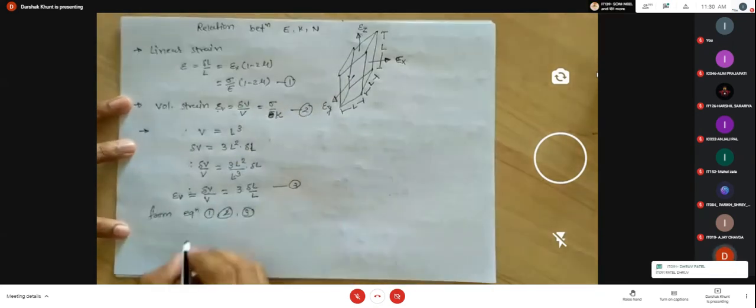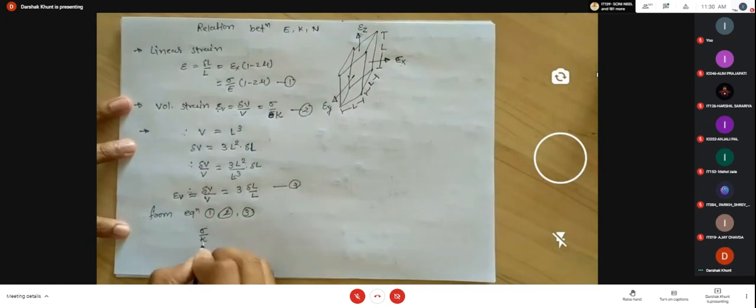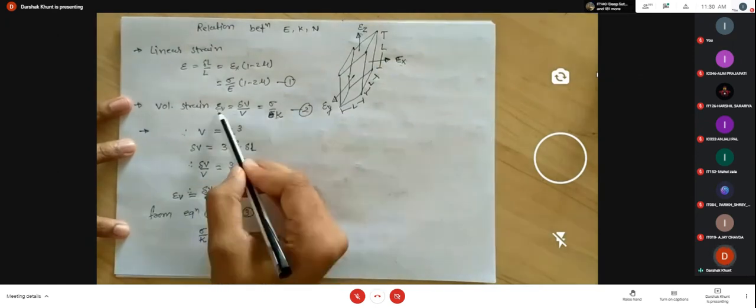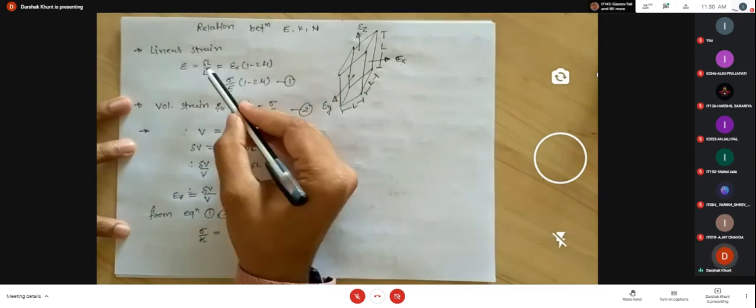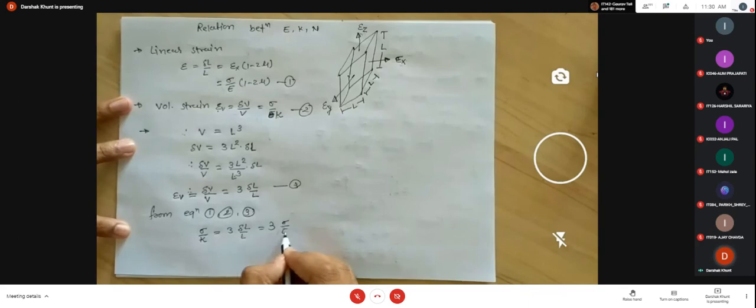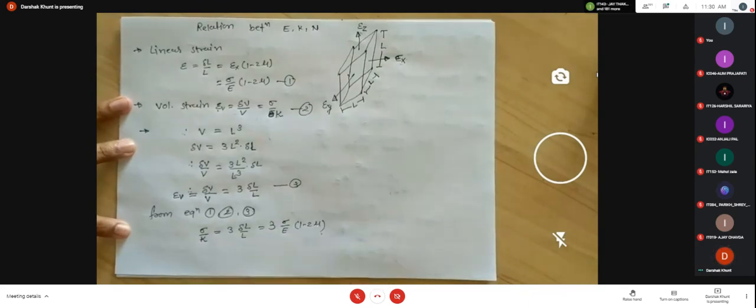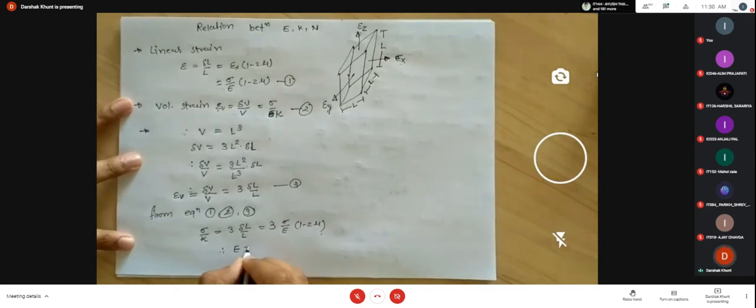So from these equations, sigma by K is volumetric strain, and volumetric strain is equal to 3 delta L by L. So 3 delta L by L is defined by stress by E times (1 minus 2 mu). From these equations, you get E is equal to 3K times (1 minus 2 mu). That is the relation between the Young's modulus and bulk modulus.